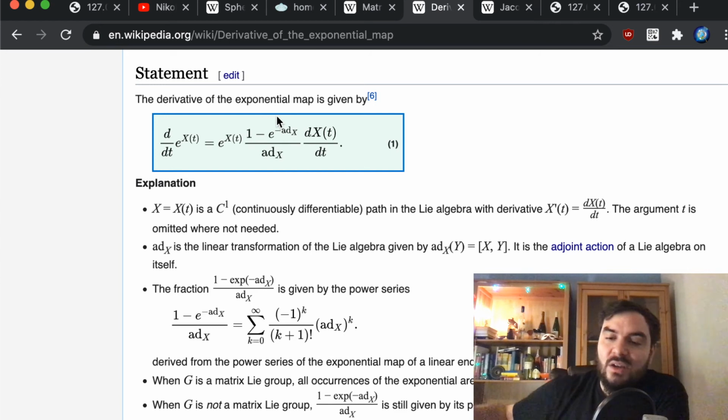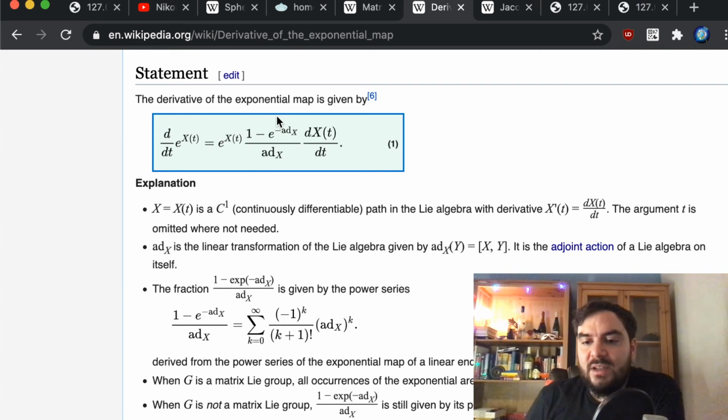This is just some infinite series that you can easily compute, because it just involves the exponential function. And if you plug in this linear map that is taking the commutator, then you get this formula.